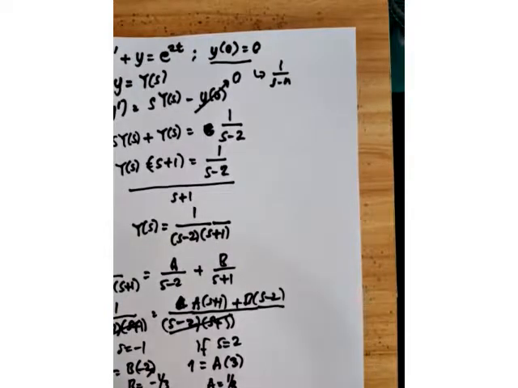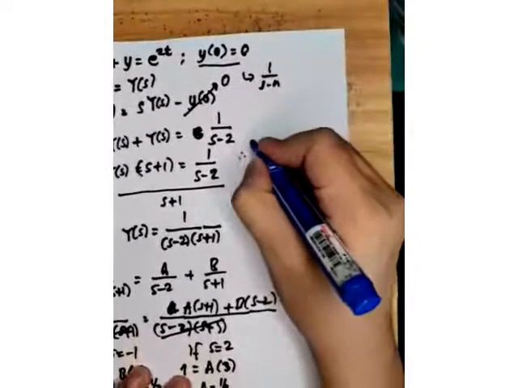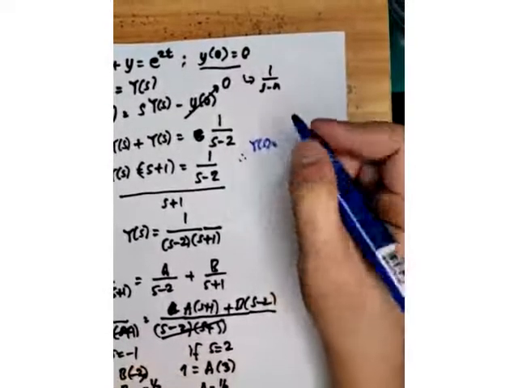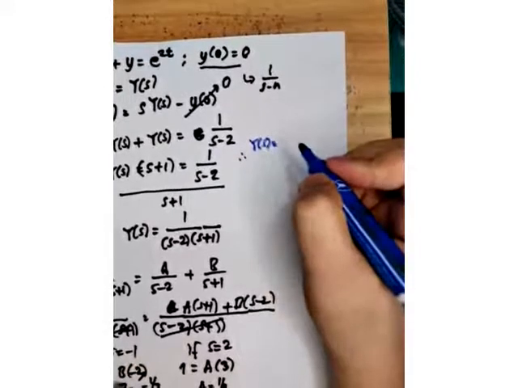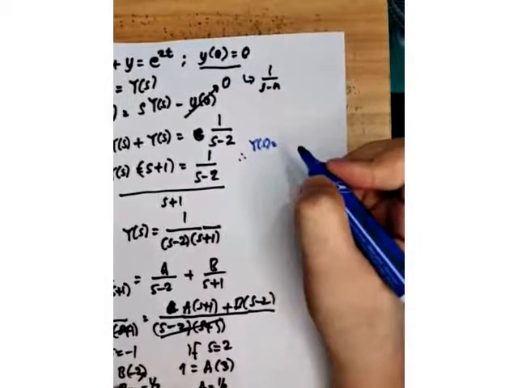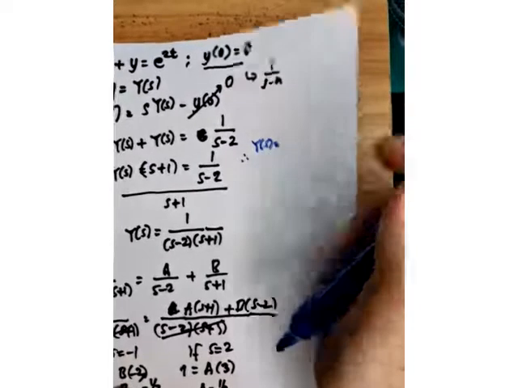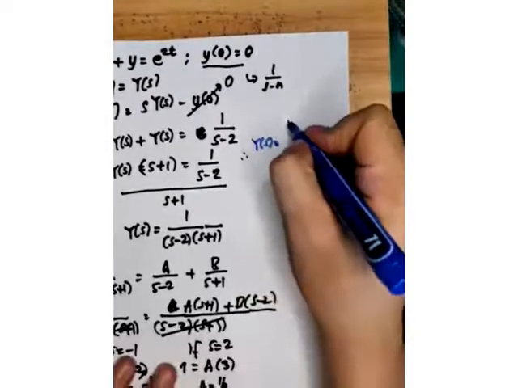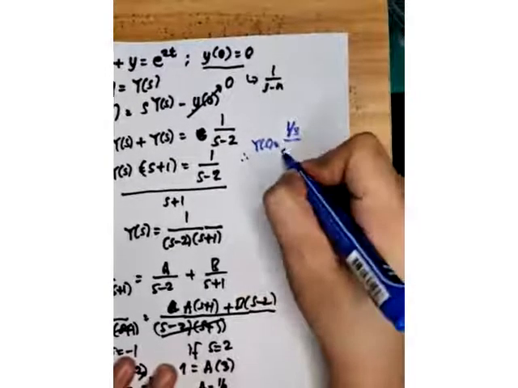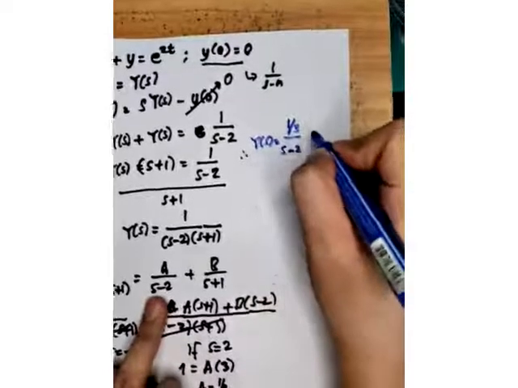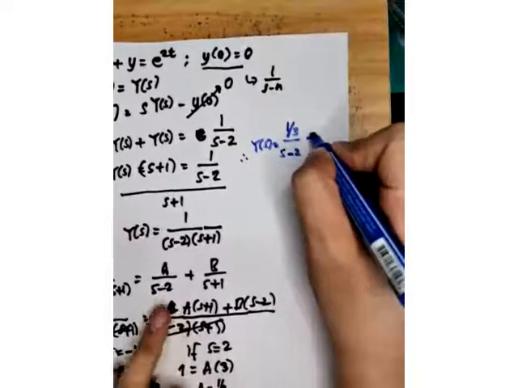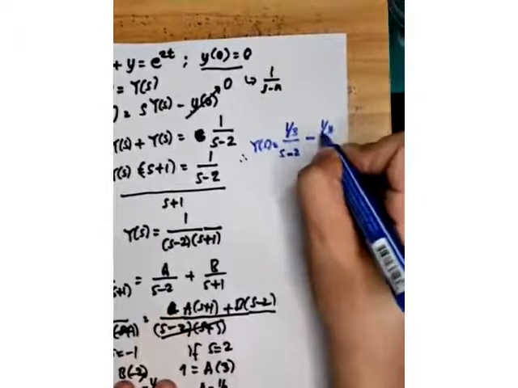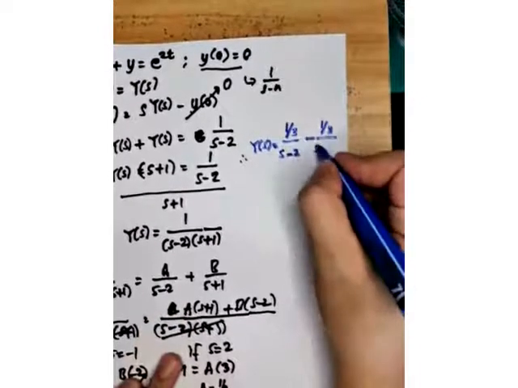Ayan. So therefore, what is our y of s? So y of s is 1/3 of s minus 2 minus 1/3 of s plus 1.